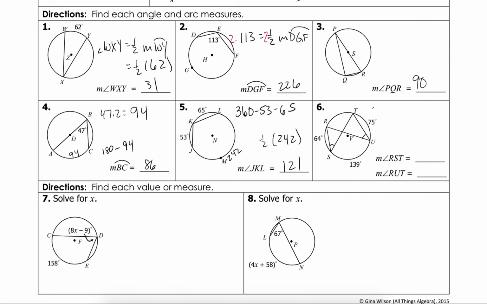Again, I could take 360, subtract out 64, subtract out 75, subtract out the 139. When I do that in my calculator, I find that RT is 82. And I know that each of those is half of 82. Each of those is an inscribed angle, so these are both 41 degrees.